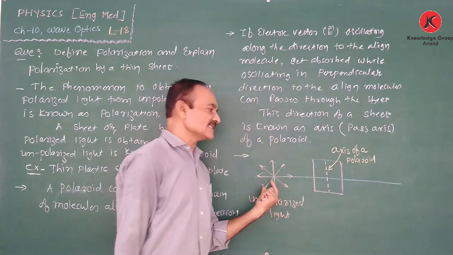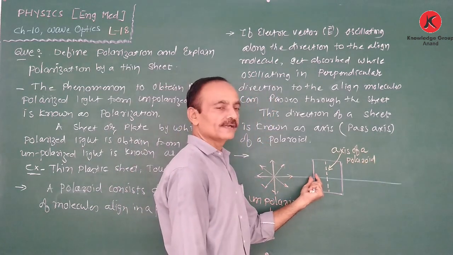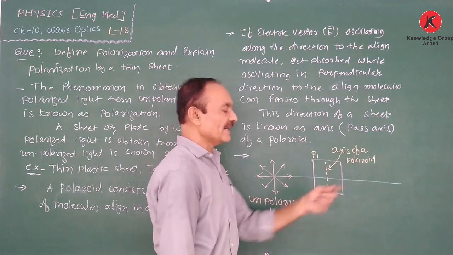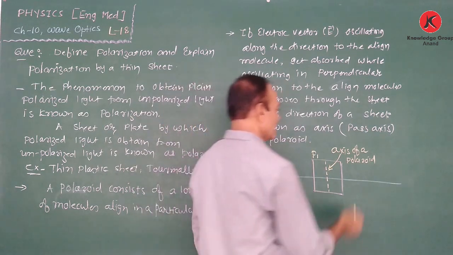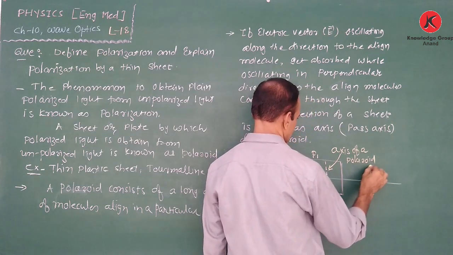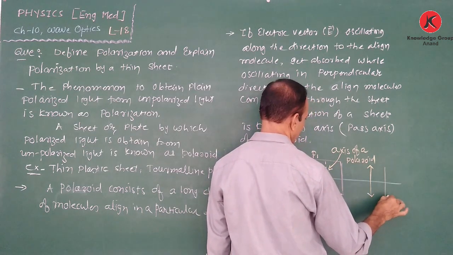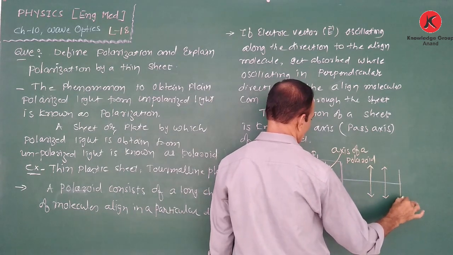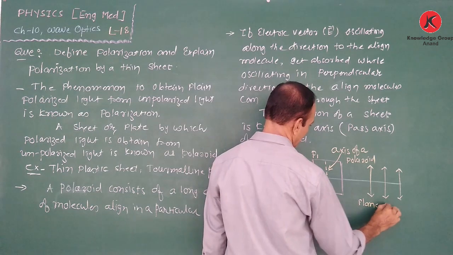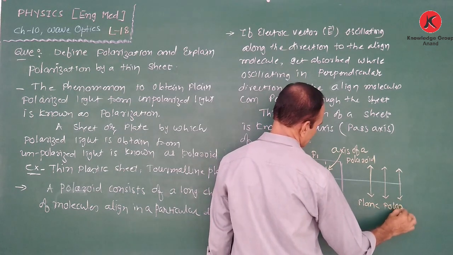When this unpolarized light is incident on the polaroid P1, what happens? On the other side, the light coming out is parallel to the pass axis, and this light is the plane polarized light.